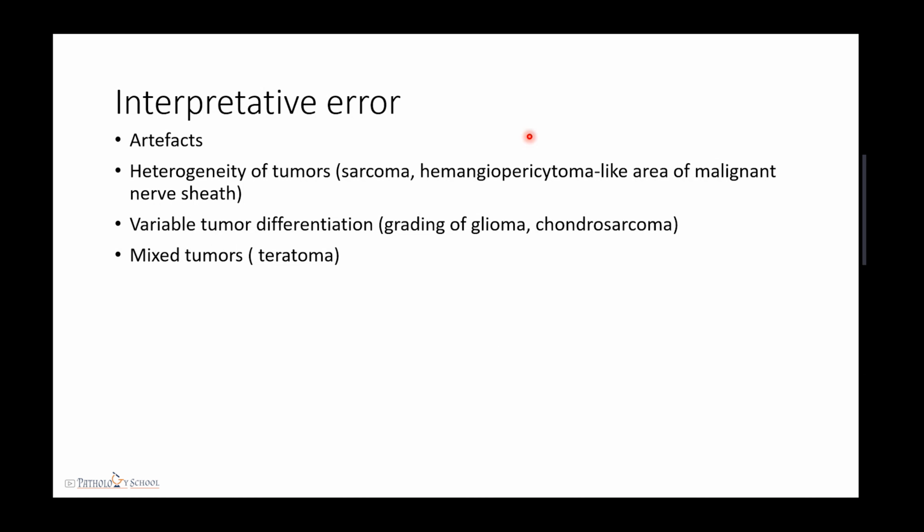Interpretative errors occur because of artifacts or heterogeneity of the tumor. If the tumor has variable differentiation or is a mixed tumor, it depends on which portion you are taking the section from, so in such cases interpretative errors can occur.